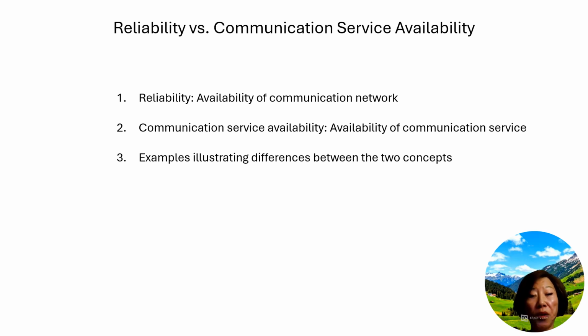Communication service availability is enhanced through features like network redundancy and rapid failure detection and recovery mechanisms. This might involve techniques like dual connectivity, where a device maintains connections to multiple base stations simultaneously, allowing for seamless failover in case of issues with one connection.